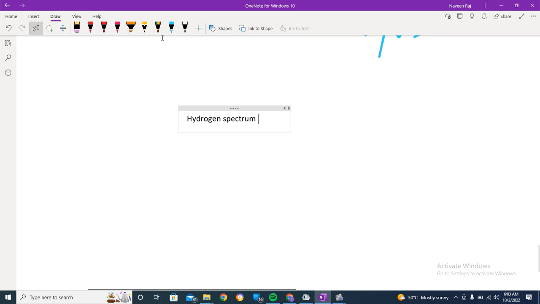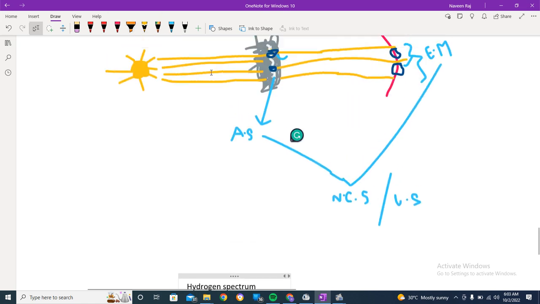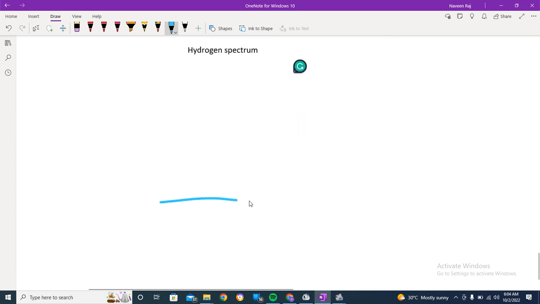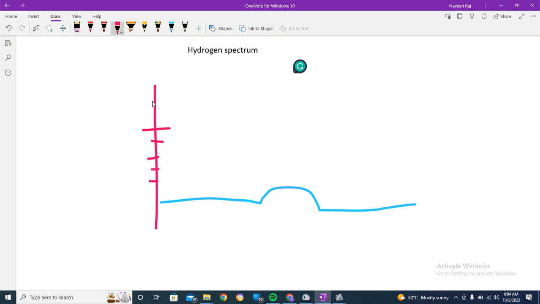Let me draw a diagram to show you that. I'm just doing it directly so that you can see we have done the same phenomena over here. The light source can be another sort of light, but that would be around the same as what we have done. Here we've got 1 2 3 4 5 6, and this is visible.